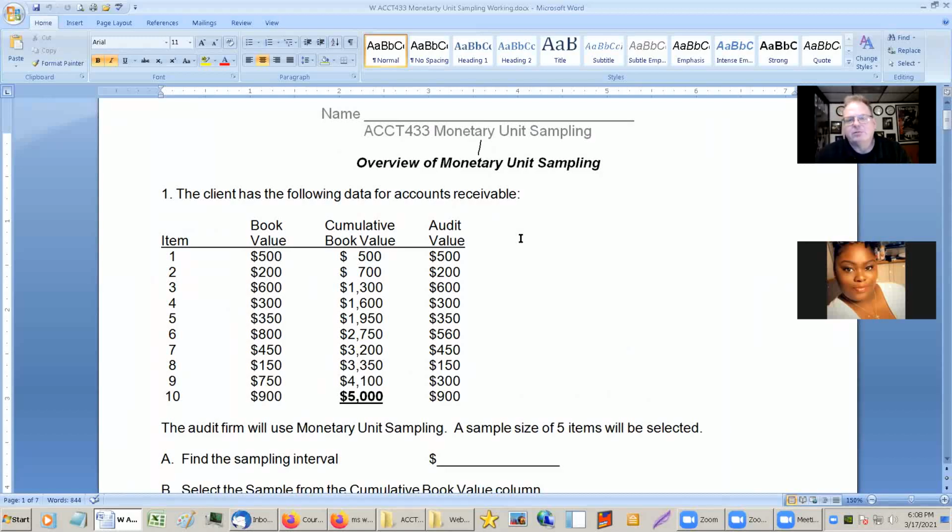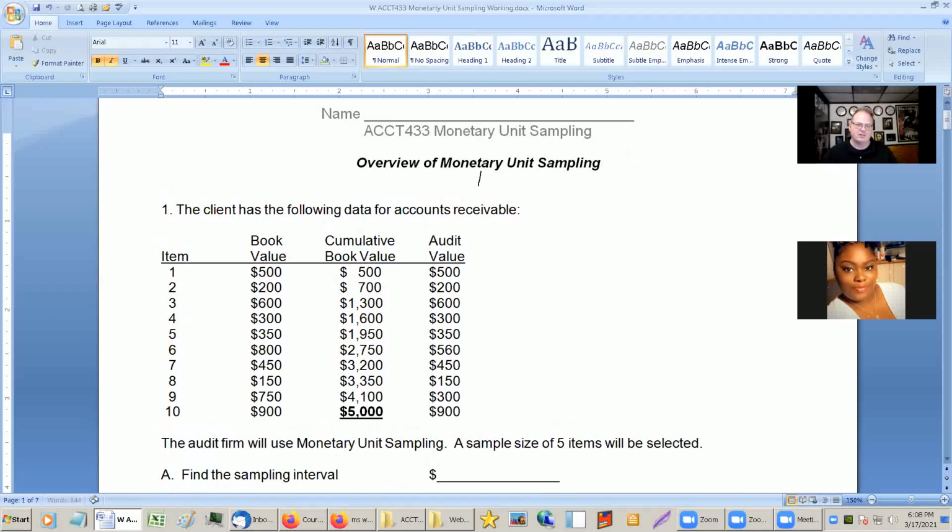Monetary unit sampling, it's also known as a couple other terms. Probably proportional to size.